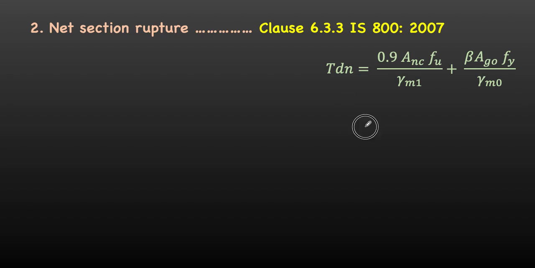We have a gusset plate, and to this gusset plate our angle is connected with the help of welding. So this is the angle. Herein we are going to provide welding, and at the bottom we are going to provide welding. So Anc is nothing but the area of the connected leg.